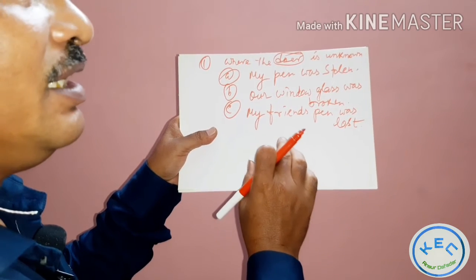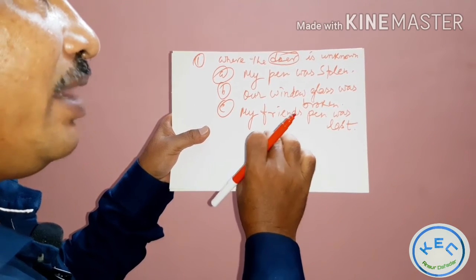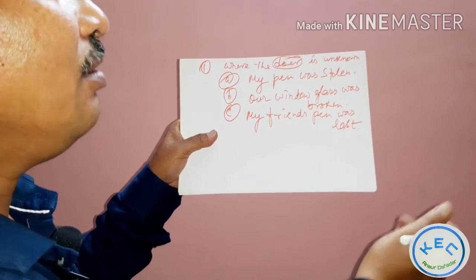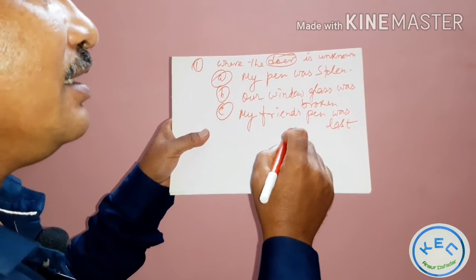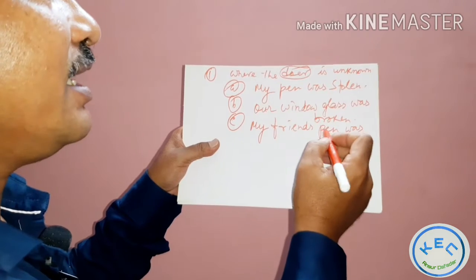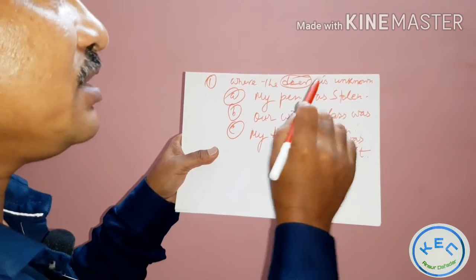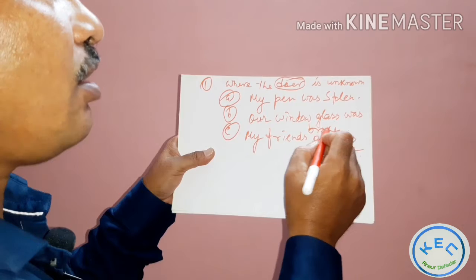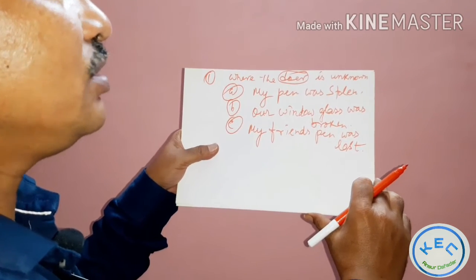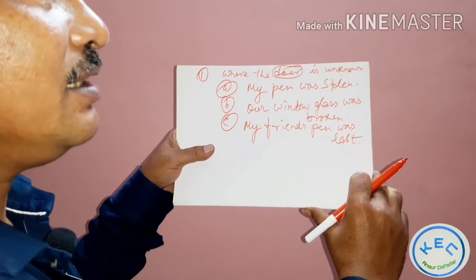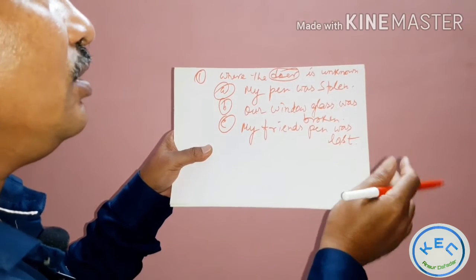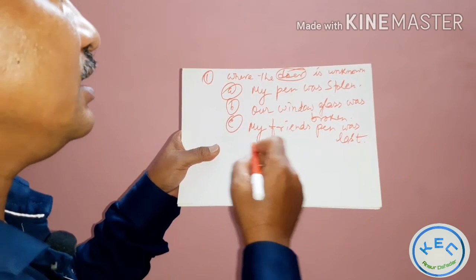Here the way how it was lost was not known, but it was the fact that his pen was lost. So here in all the cases, the action of stealing, breaking, and losing, the person who does this or the way it happened is not known. So where the doer is unknown, we must use passive voice sentences.